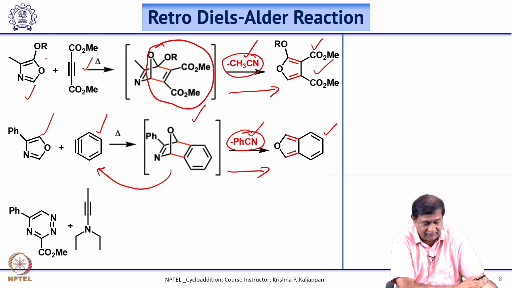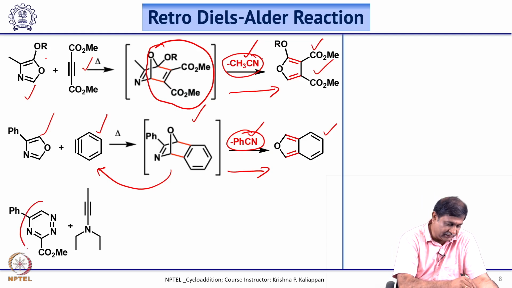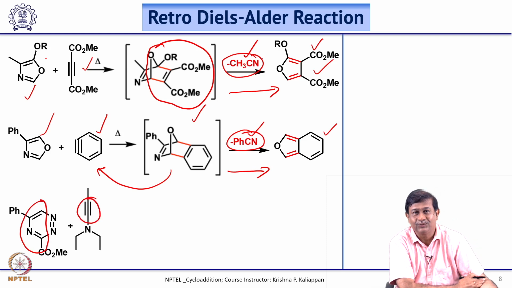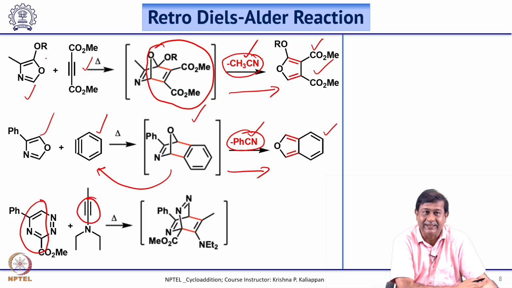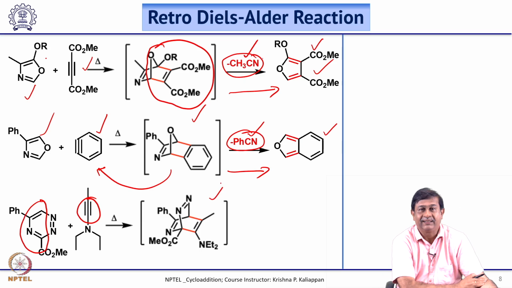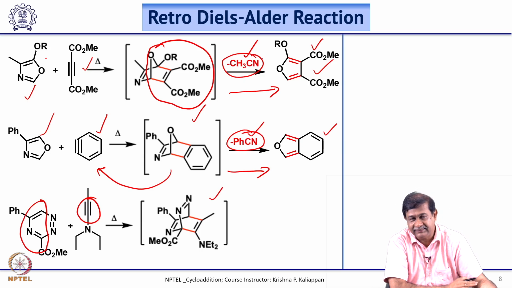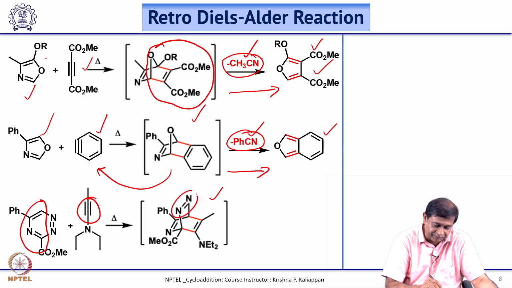And likewise, if you take these two, this is the diene, you can see this will act as a diene and this will act as a dienophile. When this undergoes a 4+2 cycloaddition reaction, this is what you get. Now, when you look at this bicyclic intermediate, you can clearly see there is a very good leaving group.